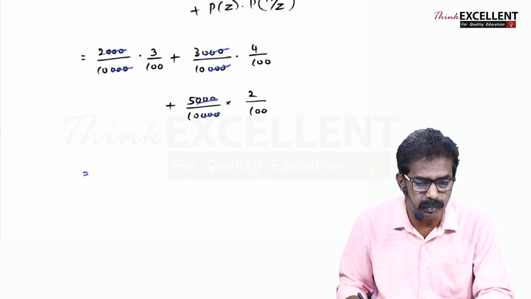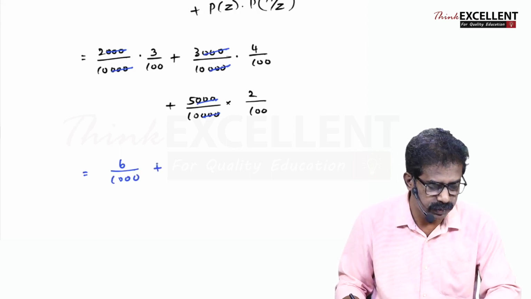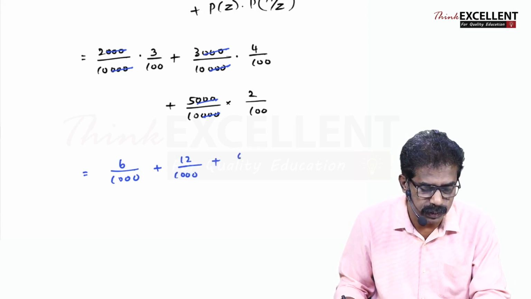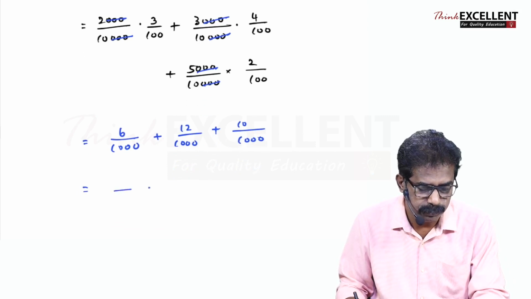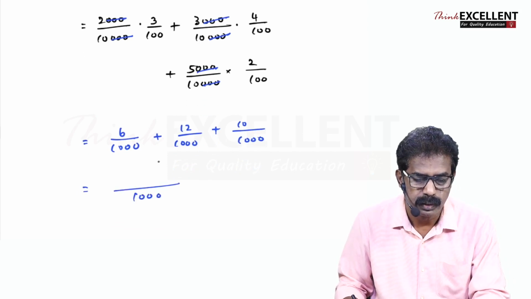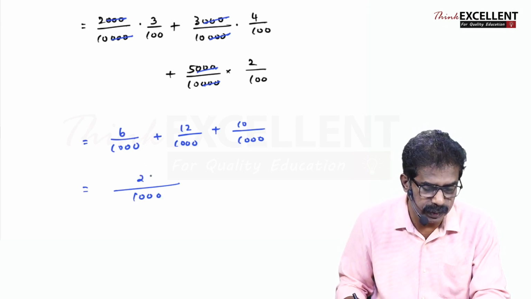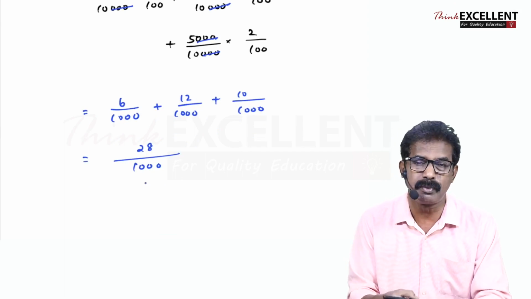So the remaining you simplify, 3 2s are 6 by 1000, right? Plus 3 4s are 12 by 1000. Plus 5 2s are 10 by 1000. So 1000 is the LCM. 6 plus 12, 18, plus 10. So it is 28 by 1000. You can write 0.028. But one more subdivision is there.